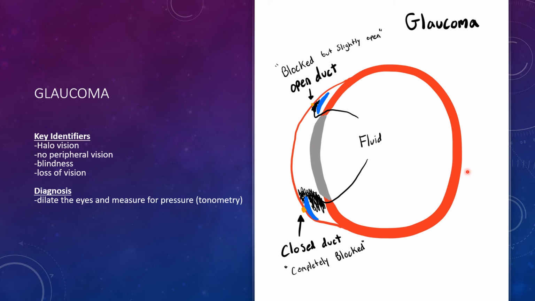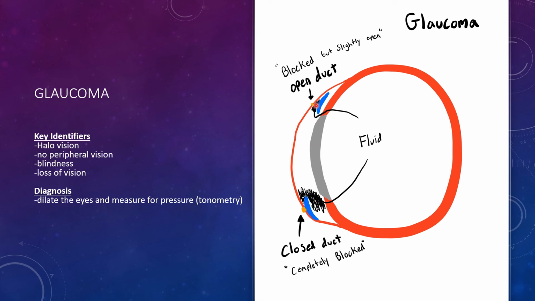Next we have glaucoma, which is an interesting one as it has a lot of identifiers, but the main one is halo vision. They also have no peripheral vision or little, can lead to blindness and loss of vision. We have two types here. So the fluid within the eye, we have the duct here. There's an open duct, but it's clogged.